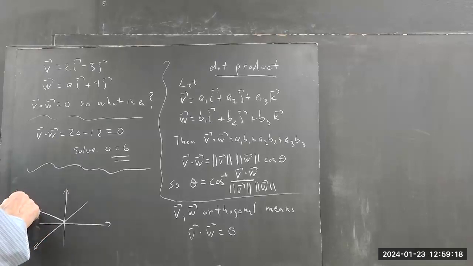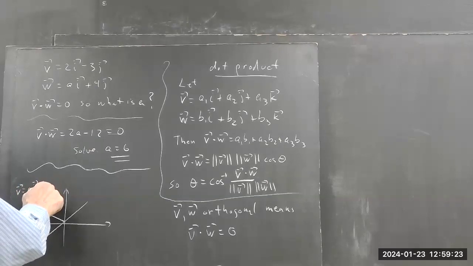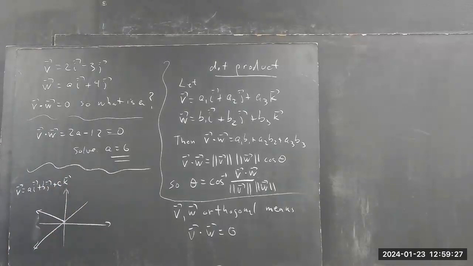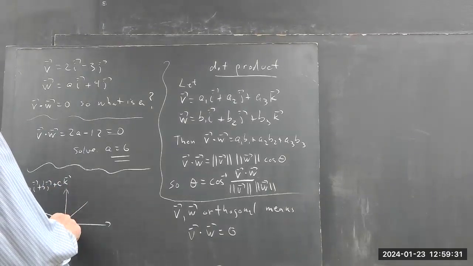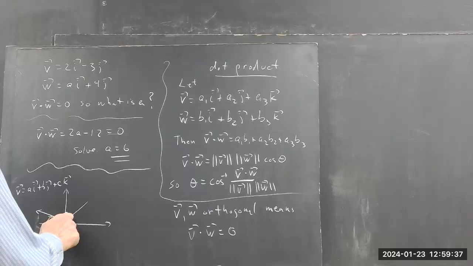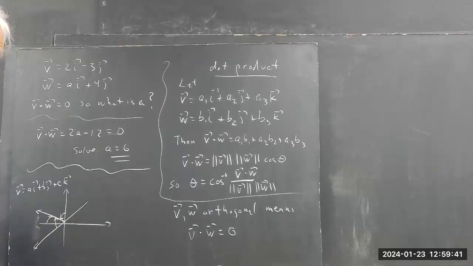But if we say this is D, equals AI plus BJ plus CK. It makes some angle with the x-axis, makes some other angle with the y-axis, and it makes another angle with the z-axis.